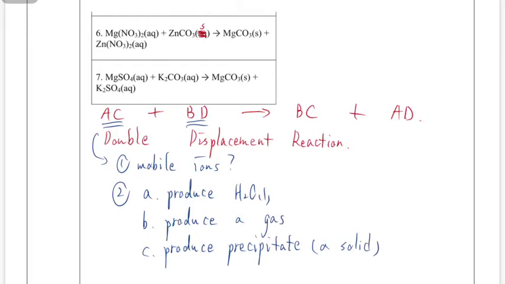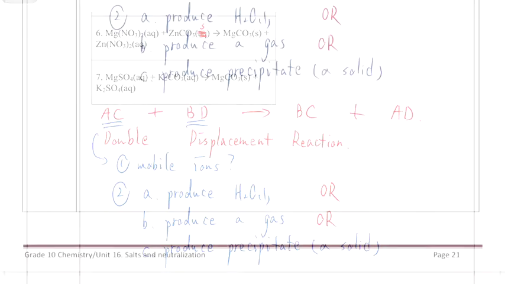Okay, when it fulfills one of the criteria, so it's either A or B or C, okay, then this double displacement reaction would take place. Okay, so remember it's A or B or C. Okay, just need to fulfill one of it. Okay, so if a double displacement reaction fulfills both of the requirements here, then this reaction would take place.